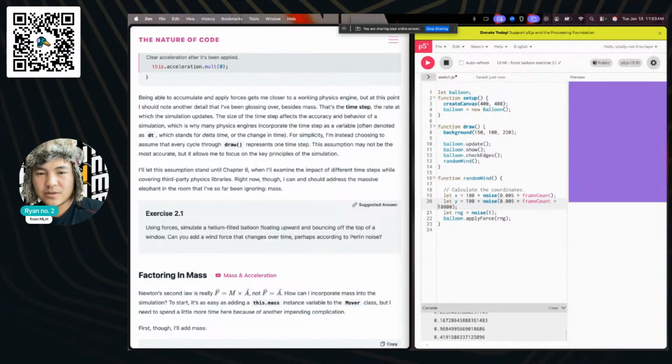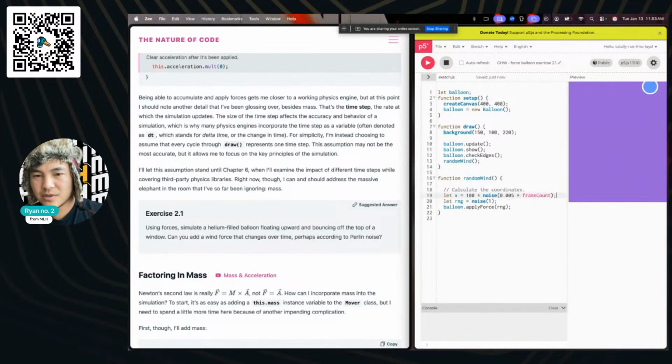Okay, there we go. And we'll just accept that as our noise values. Oh, I guess we don't actually need 2 noise things, do we? Let's set times frame count.